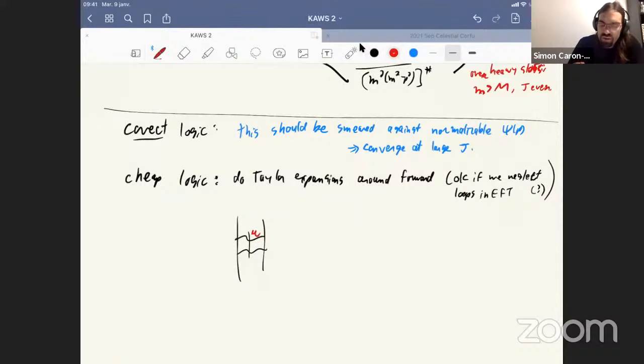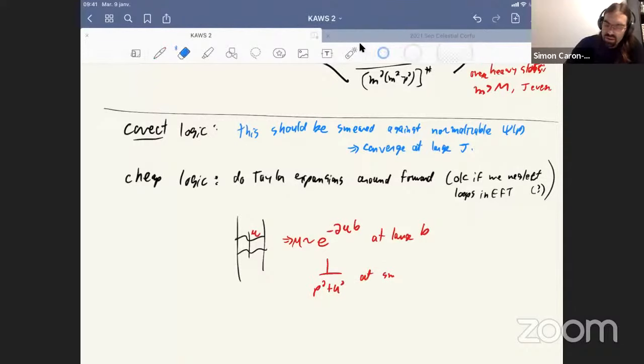If you exchange a particle of mass mu, you get an amplitude that decays like exp of minus 2 mu b at large b. Or currently there's a pole 1 over p squared plus mu squared at small p, but it has some singularity. It's not quite a pole, but it has a quadratic singularity. And at small p, it goes like 1 over mu squared at p equals 0.